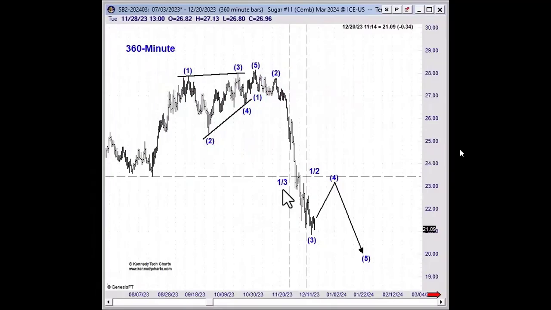Here would be the 1/3 time component. Here would be the 1/2 time component. So if everything goes according to plan, following our little guideline here, we're going to be looking for sugar to trade back under 23.42 by either, say, December 1st, ideally no later than December 15th. And again, this is exactly what occurred and what unfolded in the sugar market.